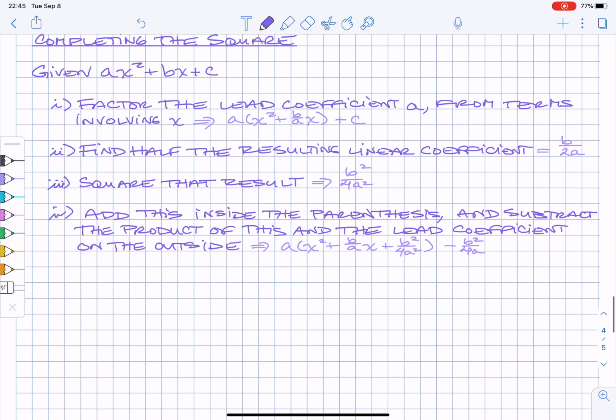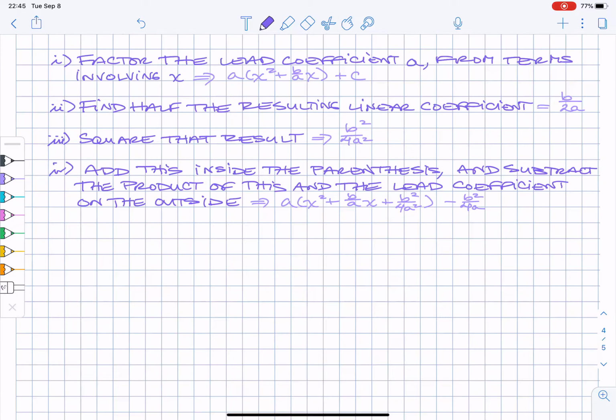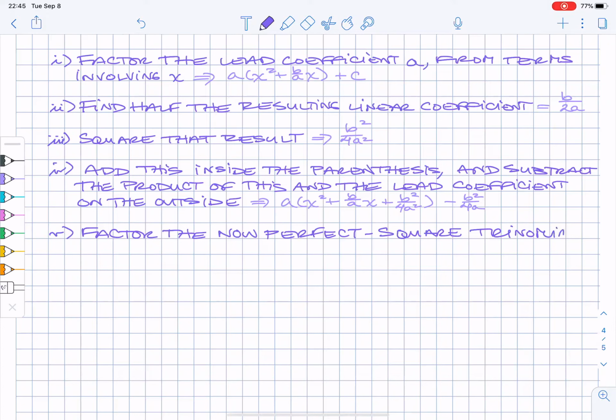Okay. Now step 5 is to factor the parenthetical. Factor the now perfect square trinomial inside the parentheses.